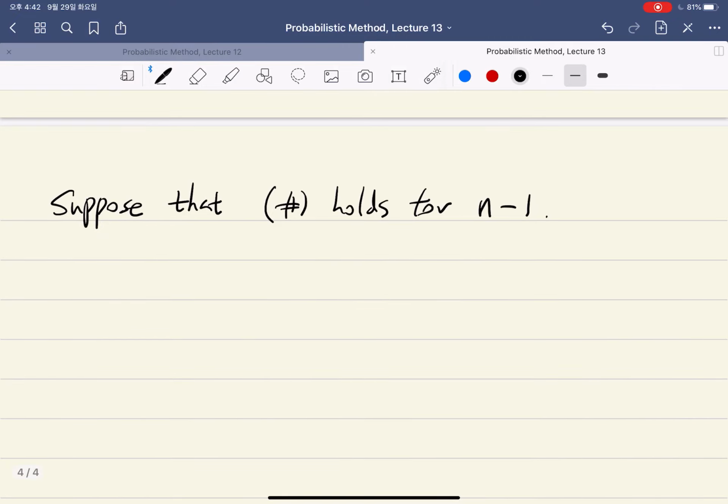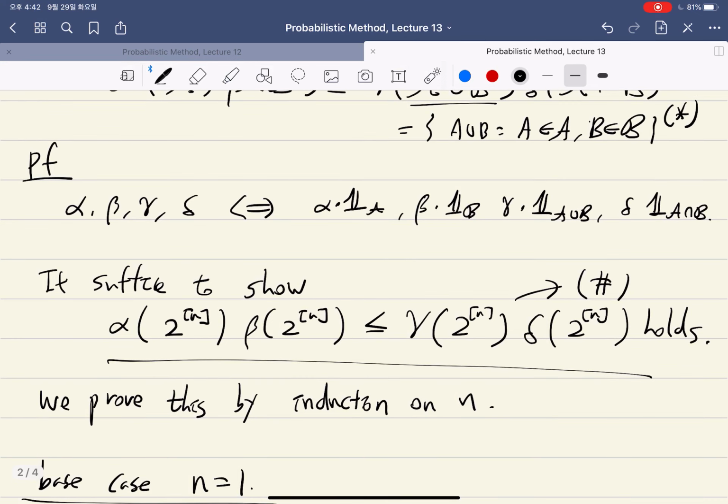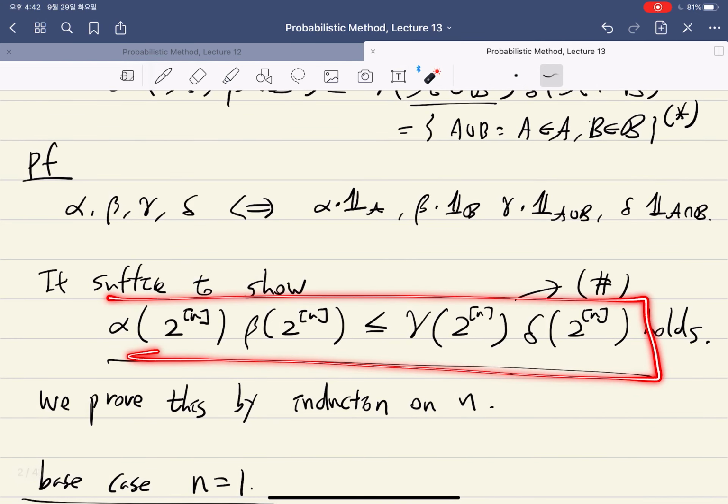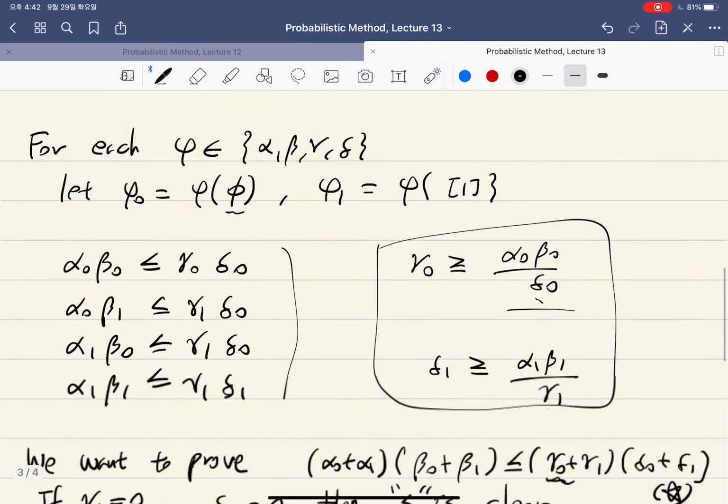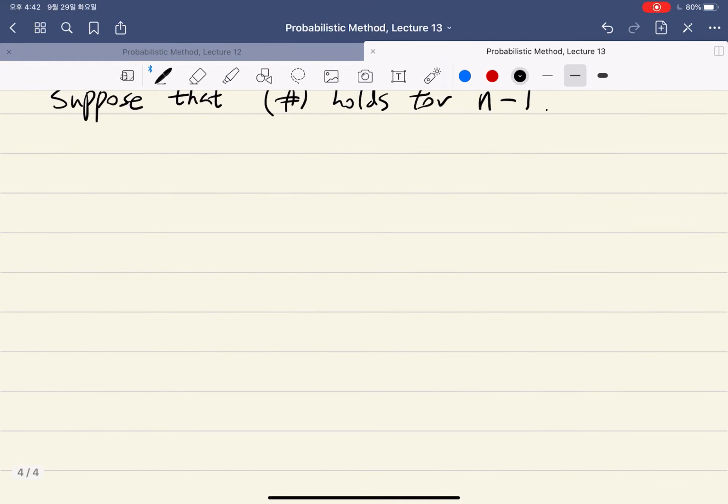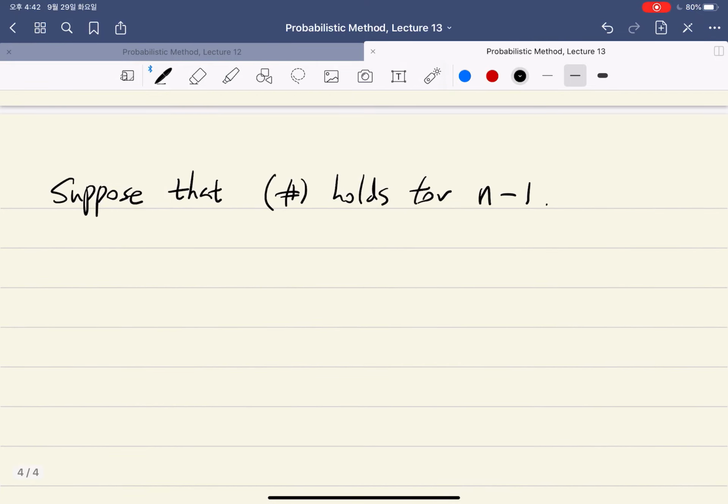And now we want to prove this sharp equation for n. But we want to convert this into the inequality for n-1. So how do we do it?